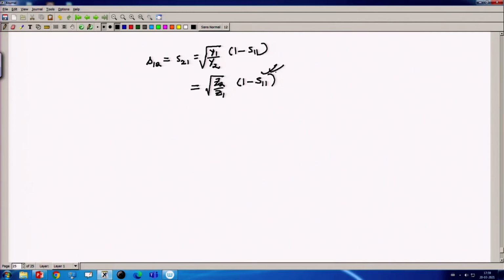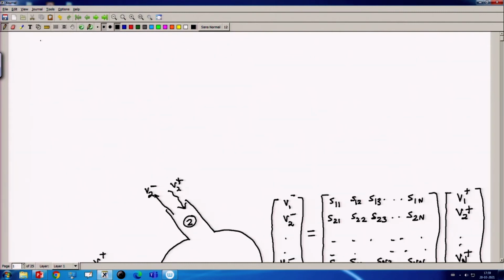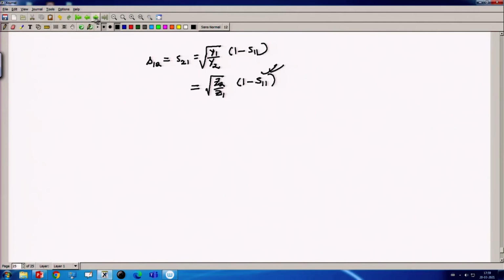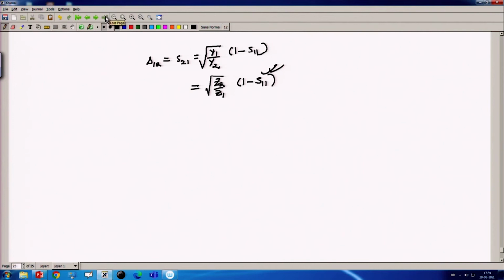Now, we can substitute the value of S 1 1 which we had obtained before. This one, if I name it as equation number 20, we can substitute from equation number 20 the value of S 1 1.